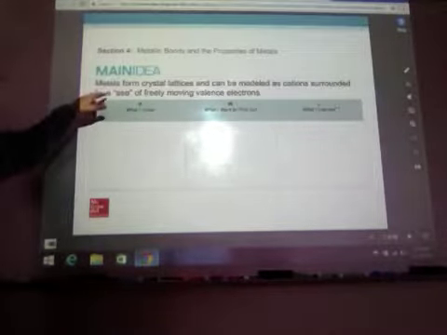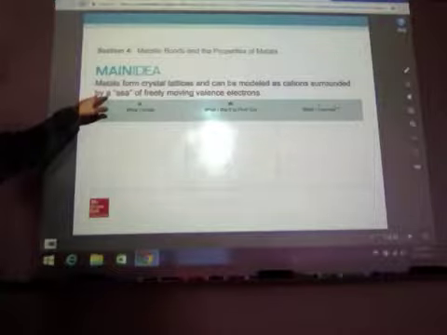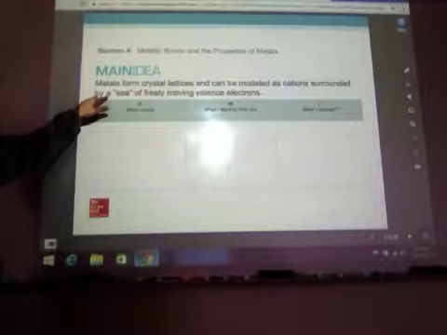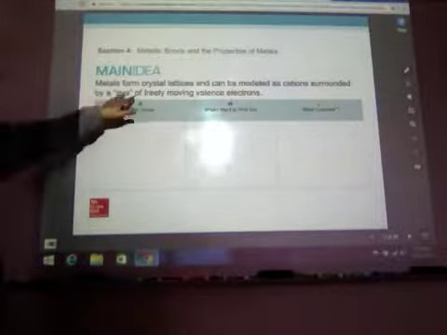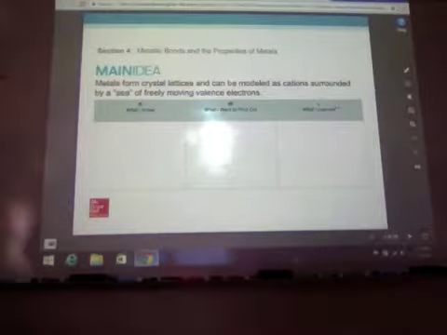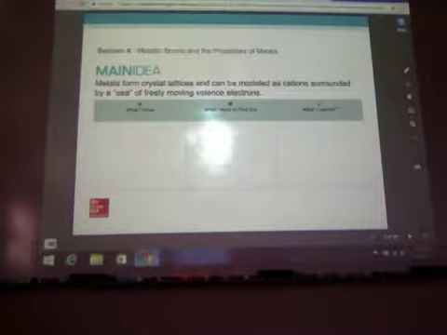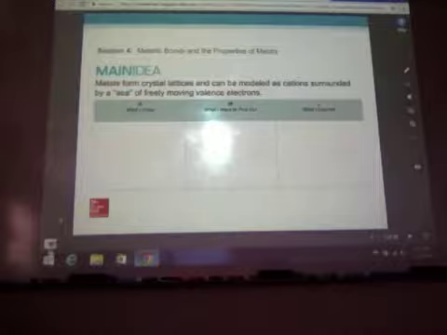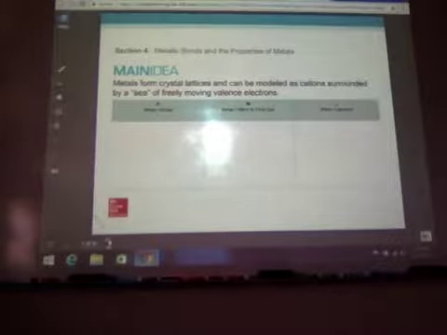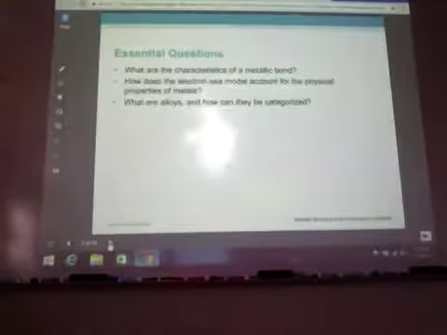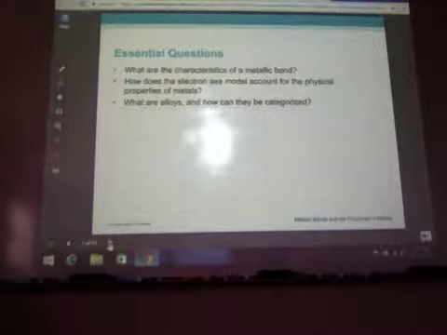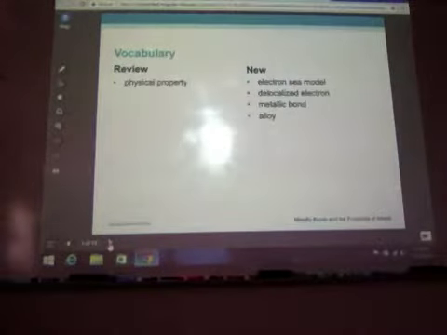What happens is they make these lattices, so they have that nice crystal structure again, and then they have these electrons that move around that make metals the good conductors that they are, which is why we have copper wiring, etc.